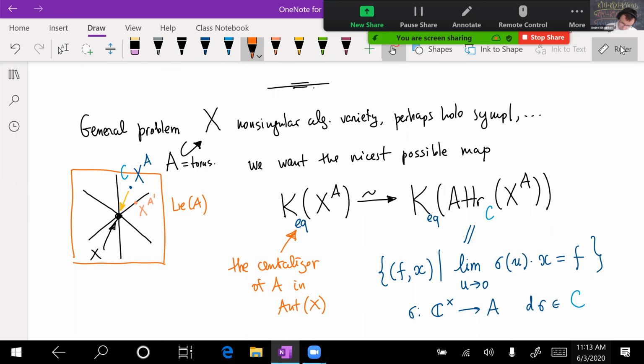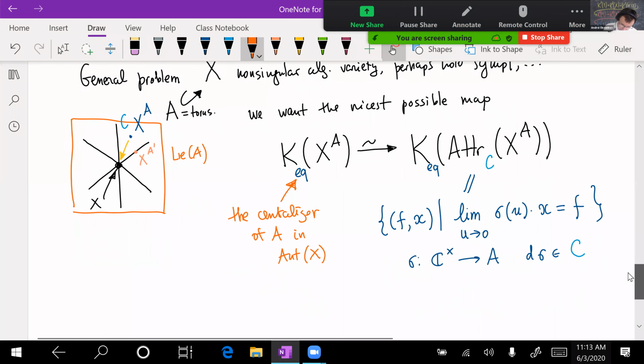In particular, among these automorphisms of X there will be some element that scales my holomorphic symplectic form, acting with weight h bar on this holomorphic symplectic form, so h bar would be a variable in here, and this would be this exact parameter deformation.